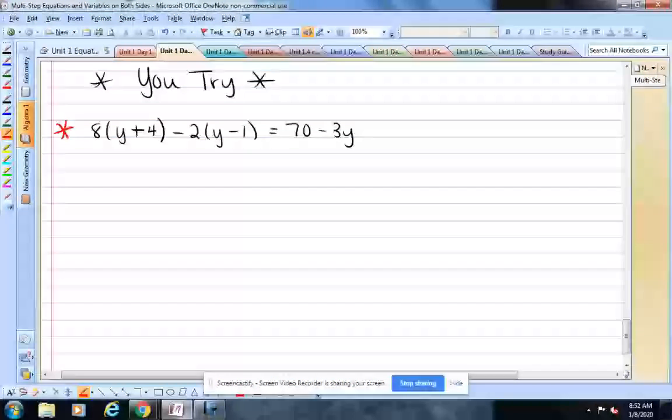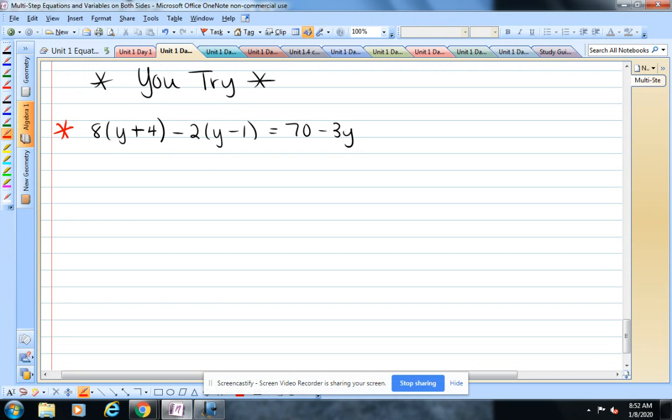Oh, that's right. 8 buckets, 30 times. That's correct. So then you combine like terms right here.